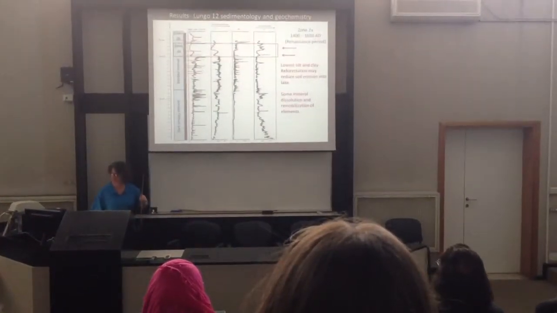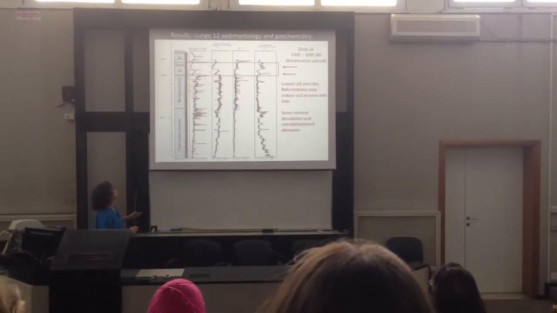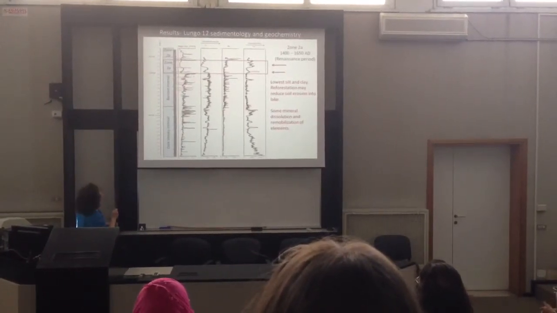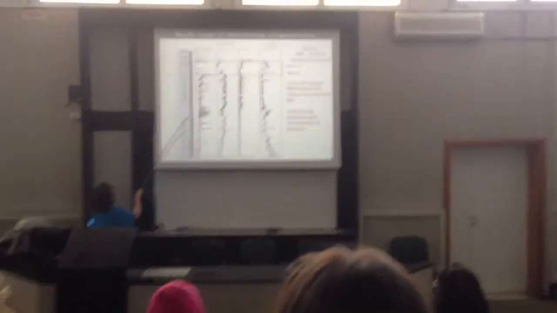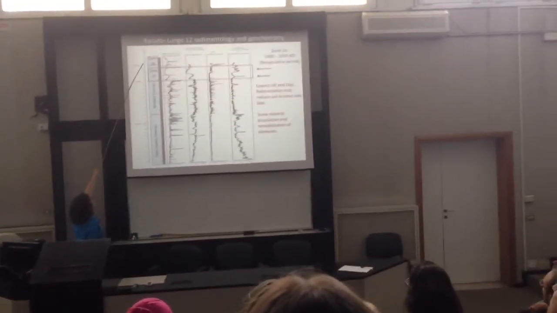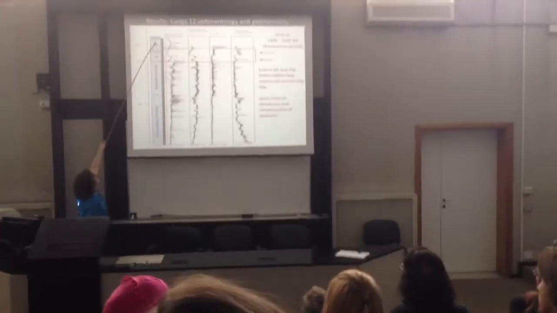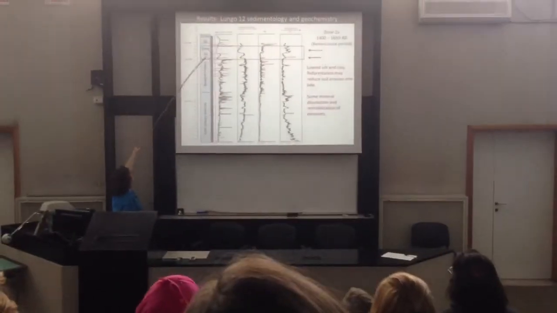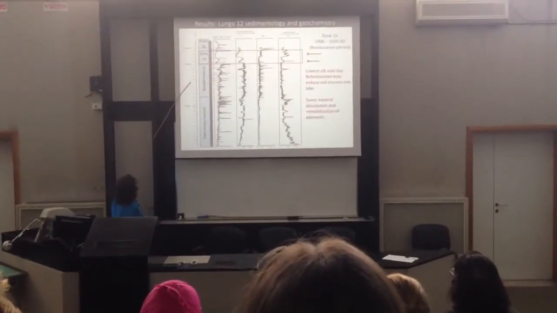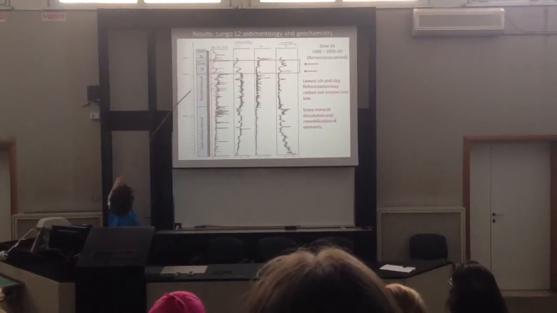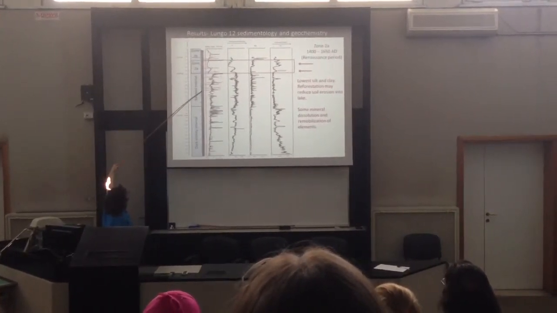In the last few minutes of my portion, I just want to show you some of those results. This is a core from Lago Lungo, and these are the zones that Scott talked about. The 2009 core was about 5.5 meters long, so it stops right here.